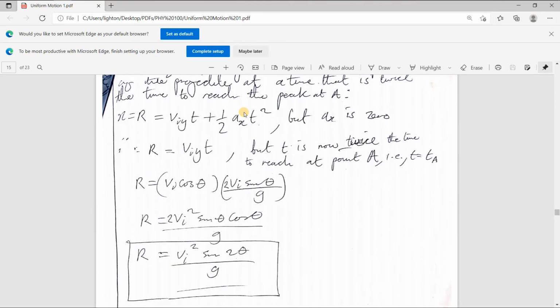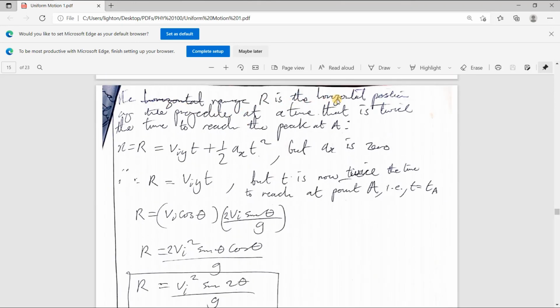So when we look at one of the equations of uniform motion for displacement, it is just x. Now you see it has changed to x because we're looking at the horizontal displacement. X is the horizontal axis, which is r, the range, which is equal to V I. Okay, so you see this was a mistake. This should be Vix t, not y here. I'll repeat. Since we're looking at the horizontal range r, this must be V subscript Ix, not this one.